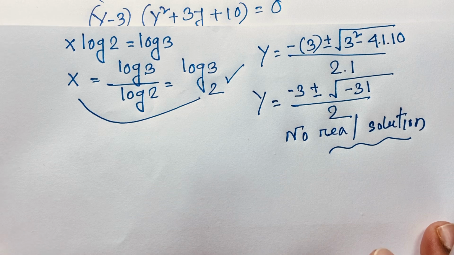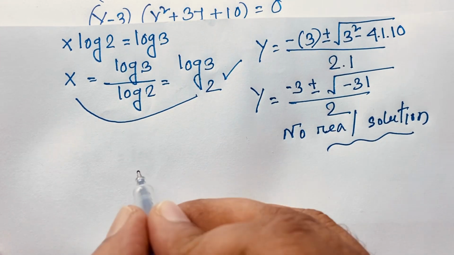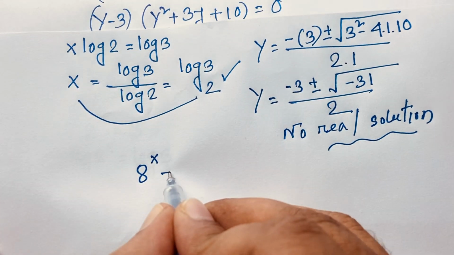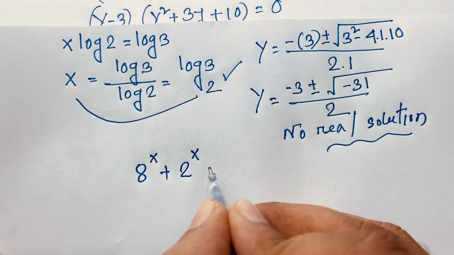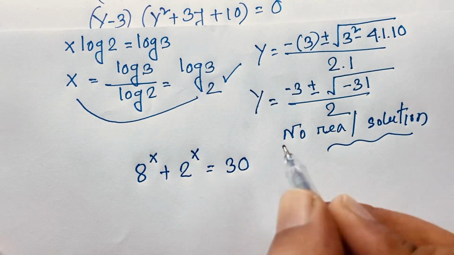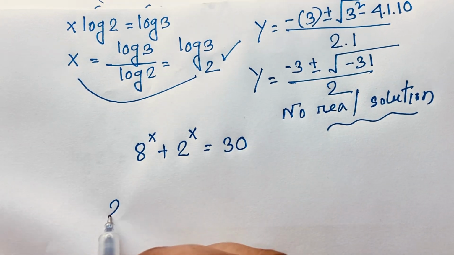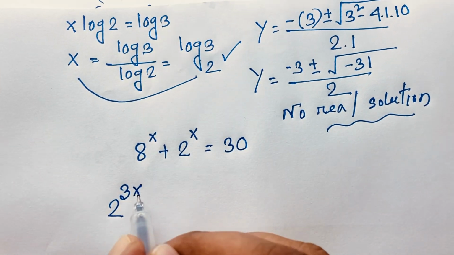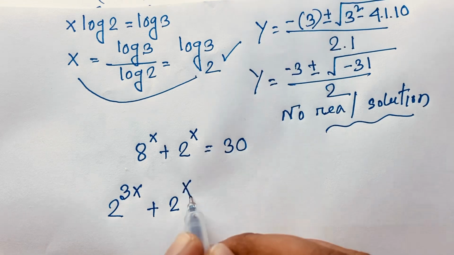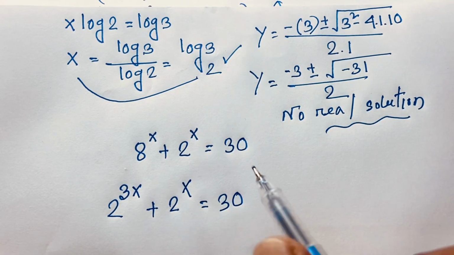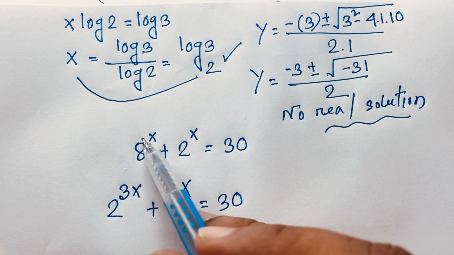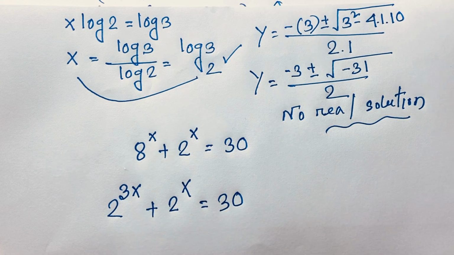Let's check our question. It is 8 to the power x plus 2 to the power x is equal to 30. This is our question. Now at this moment you can see easily this 8 will be 2 to the power 3, so 2 to the power 3x plus 2 to the power x is equal to 30. 2 to the power 3 will be 8, 3 times x will be 3x.